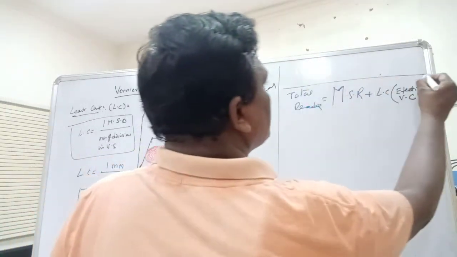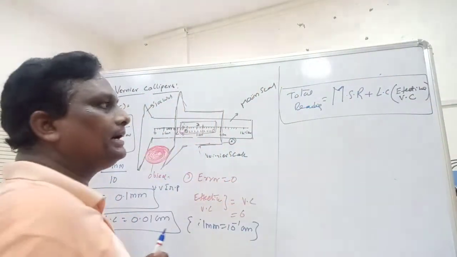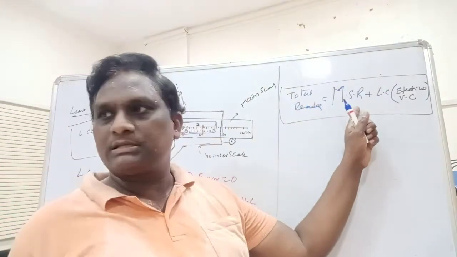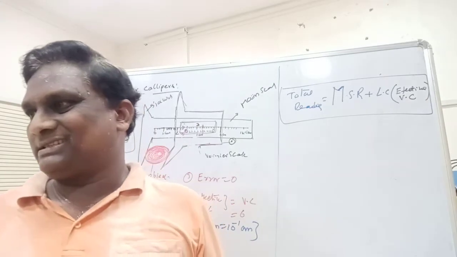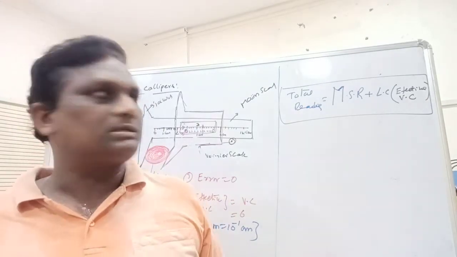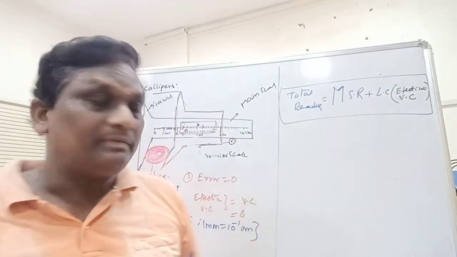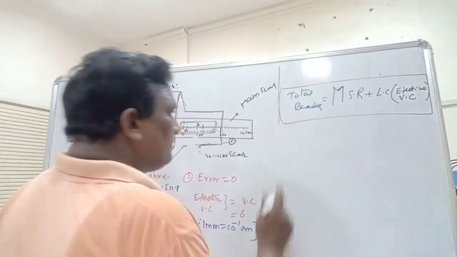So total reading is equal to MSR plus least count into the effective value of Vernier coincidence. What does the effective value of Vernier coincidence mean? Again, I will modify this.